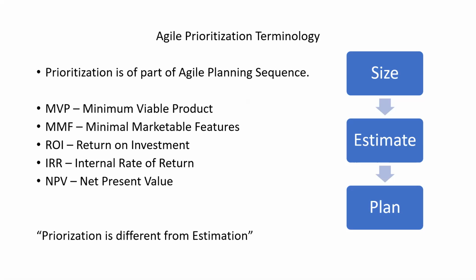That's a minimum marketable feature. So companies decide on what to release based on the minimum features that need to be there to generate revenue, whereas they decide on when to release based on the minimum marketable feature that needs to be released, so that some kind of marketing can be done on our product.